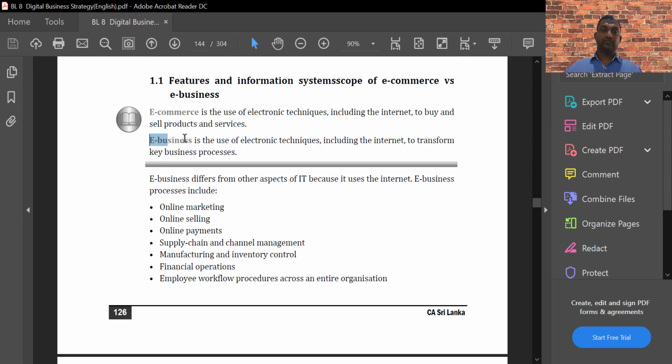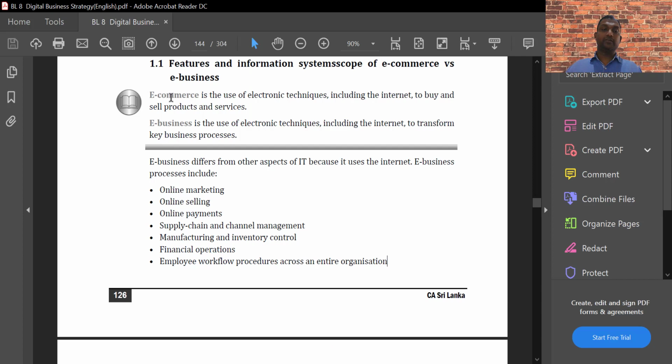So when a business becomes an e-business, e-commerce is one of the things that the e-business has, right? So online payments and selling, we can consider it as e-commerce. And in e-business, along with those two, other aspects and processes are also included.